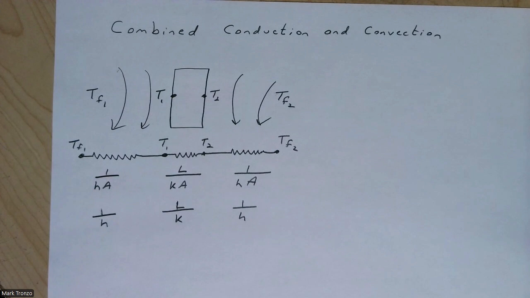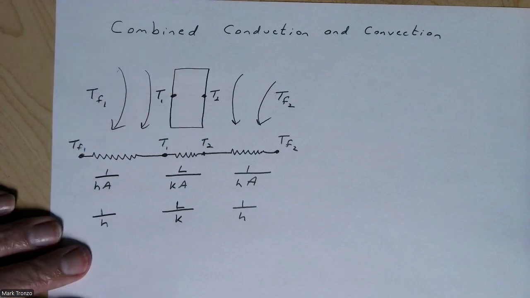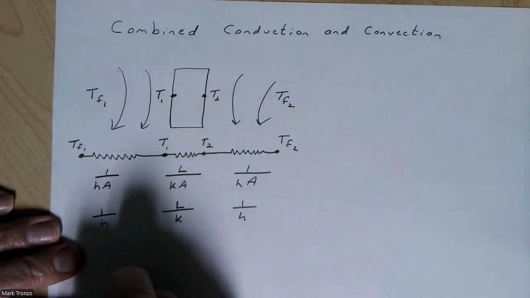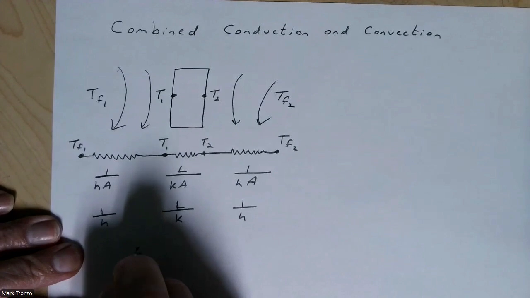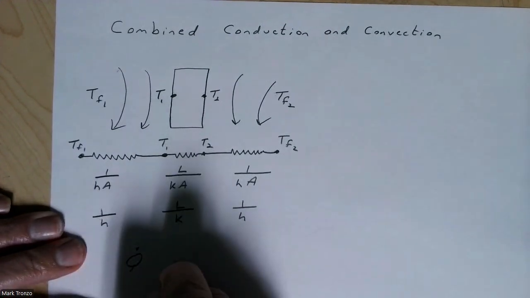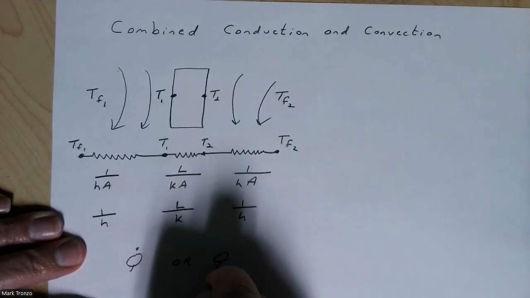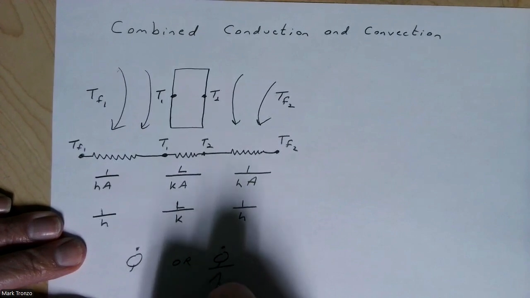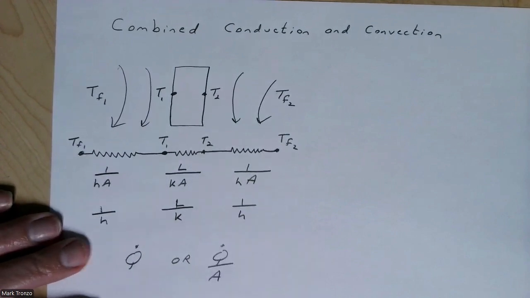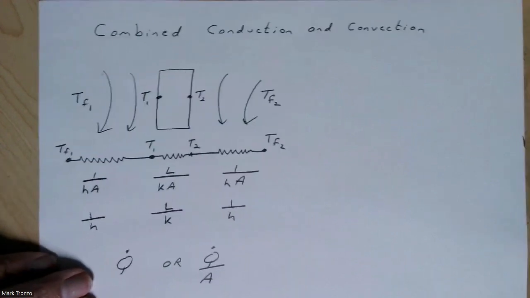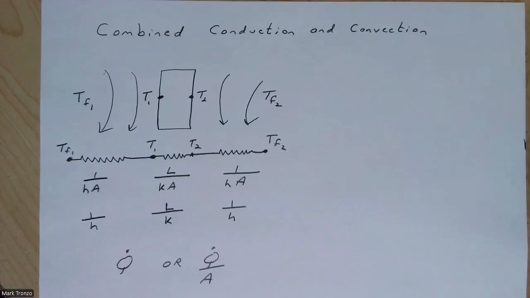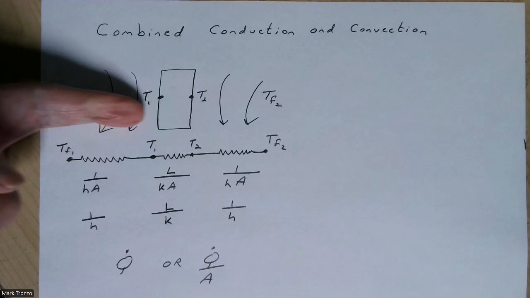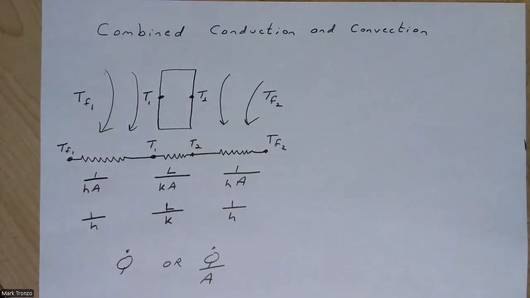And now, the most important thing to remember, though, when you're calculating these, again, you could calculate either Q dot if you know the area, or you can calculate Q dot over, say, per square foot or per square meter, something like that. But always remember the heat transfer rate has to be the same all the way through.